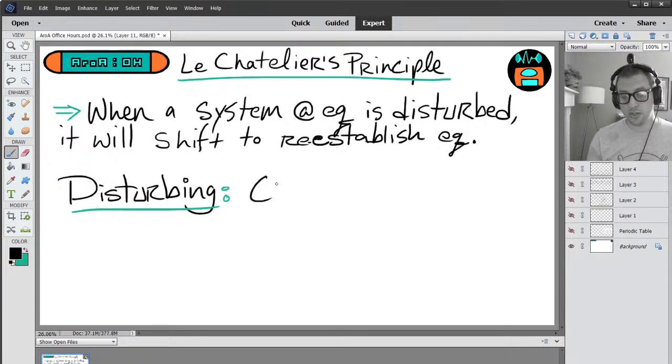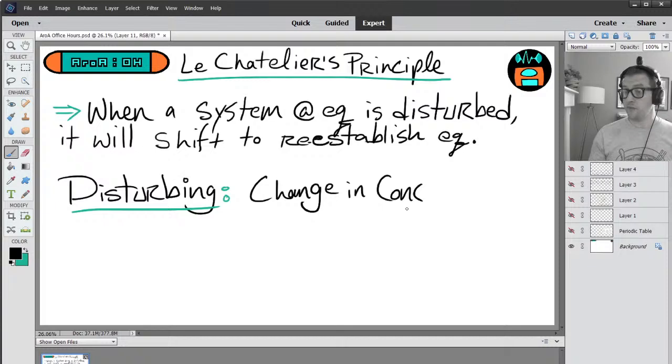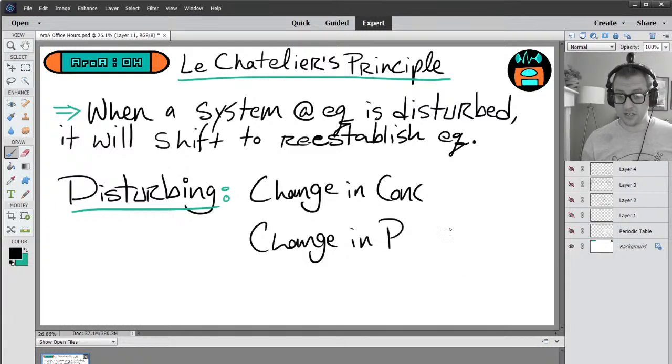A change in concentration of reactants or products is a disturbance to equilibrium. A change in pressure is a disturbance.